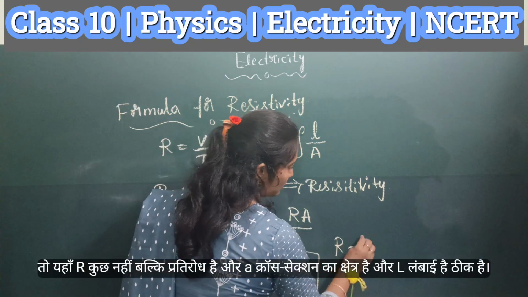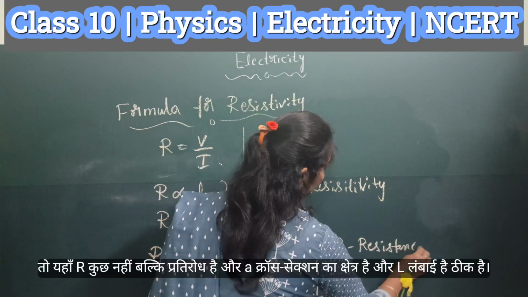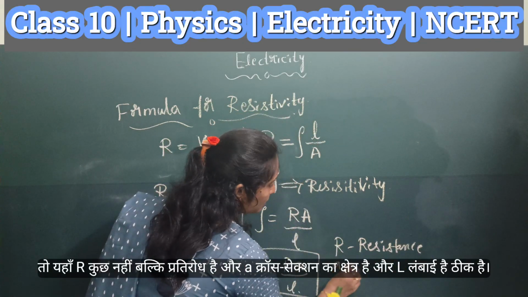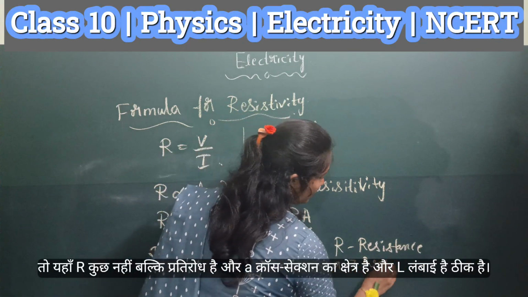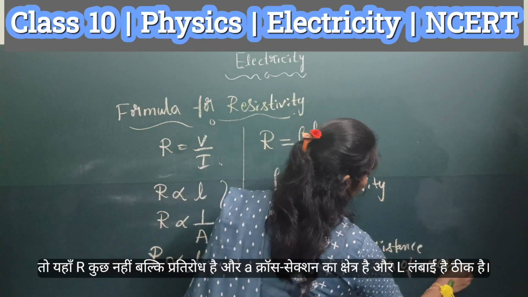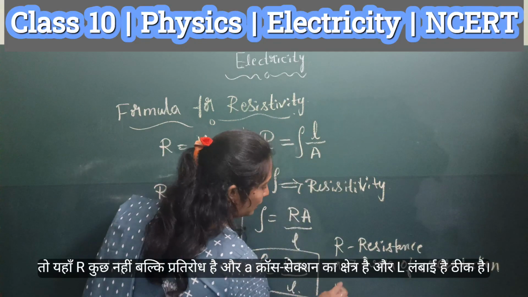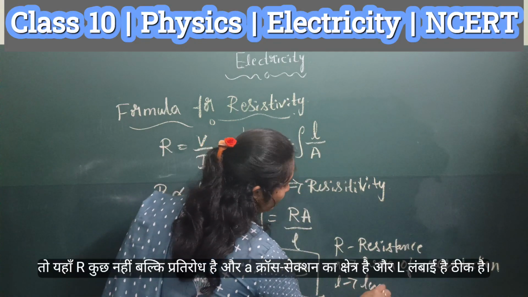So here R is nothing but what, guys? Resistance, and A is the area of what? Cross section, and L is the length of the wire.